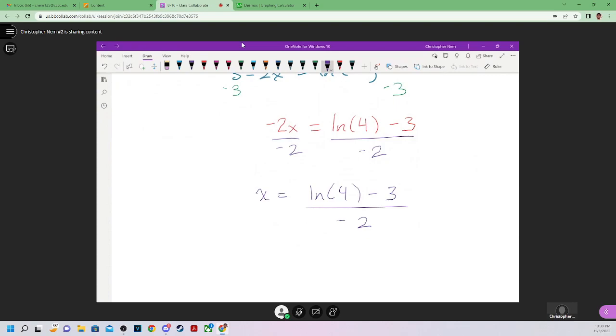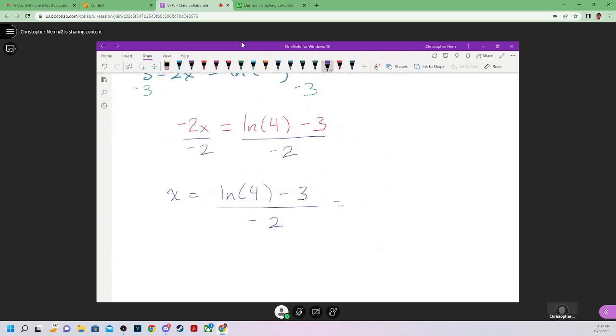Now, you might see your answer in alternate forms. They are still correct, just alternate forms. You might see it as negative 1/2 ln of 4 plus 3/2.